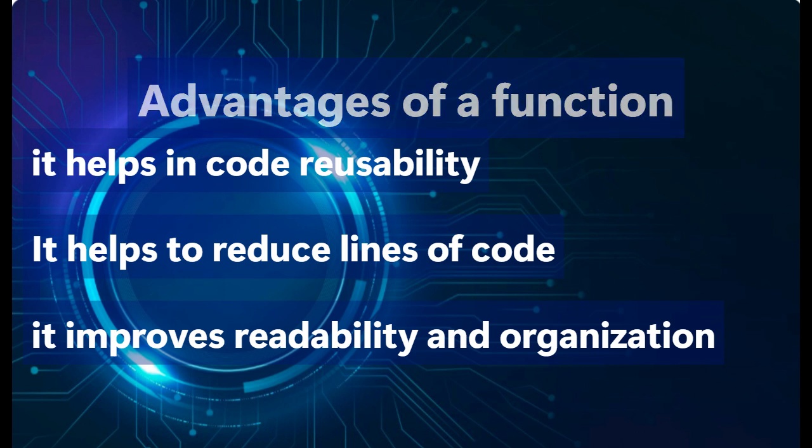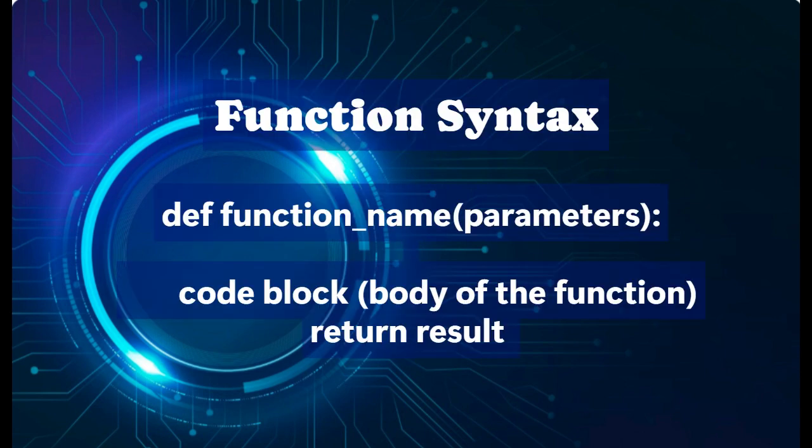To create a function in Python, there's a format that needs to be followed. First thing, you need to use this keyword def. This def means to define the function. Then you put in the function name, the name you want to use. Then in case the function requires some parameters, you pass in the parameters here. Then you now move to the code block.